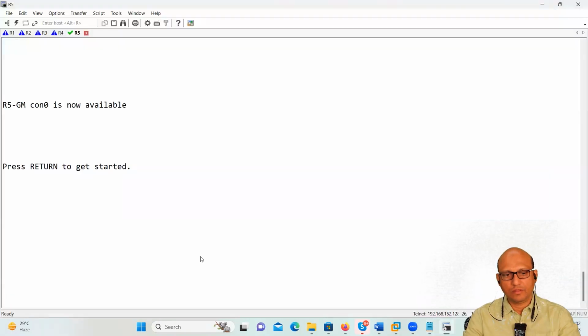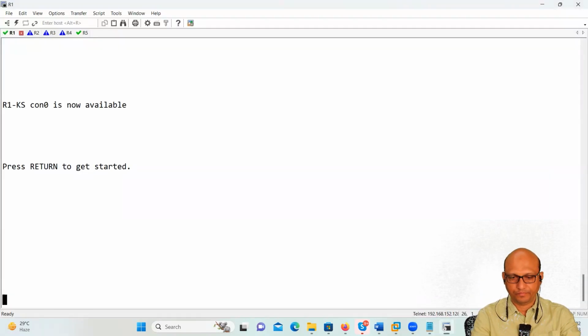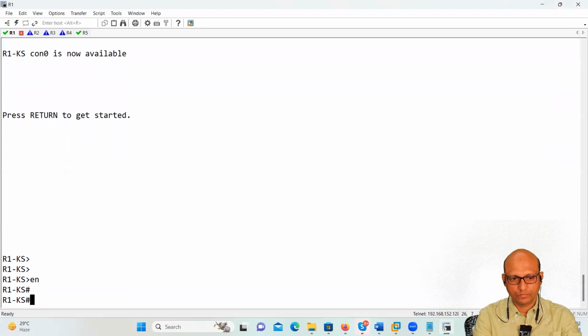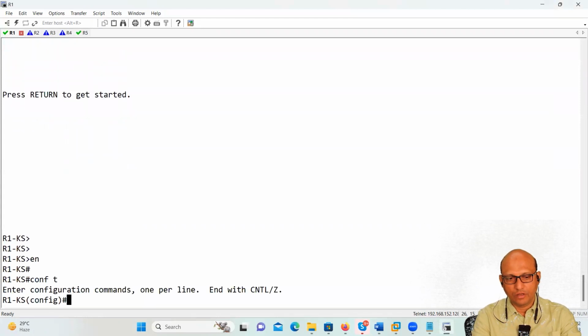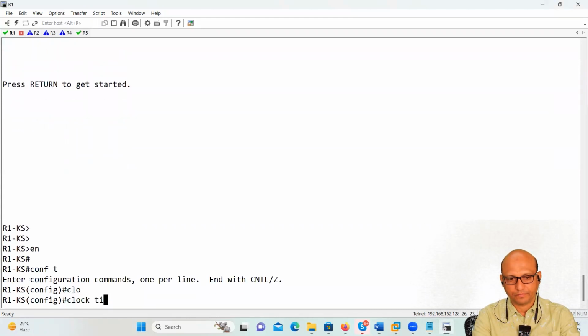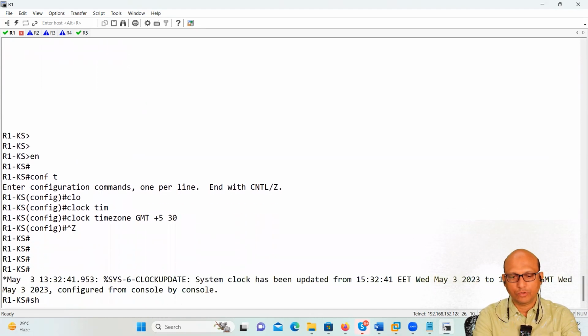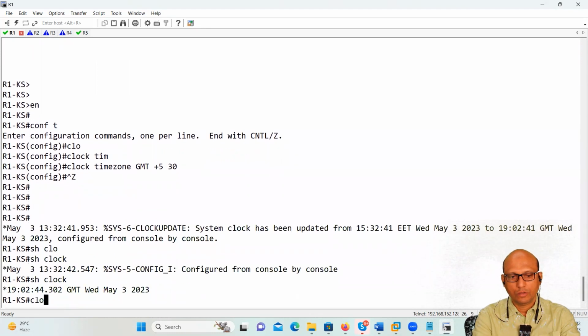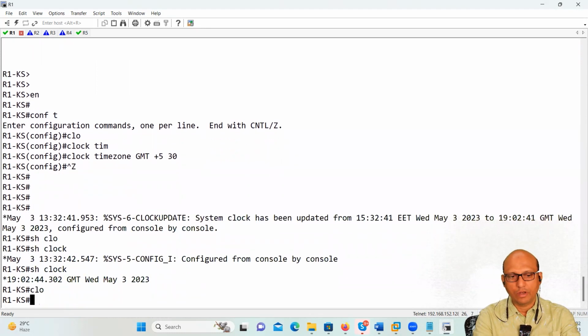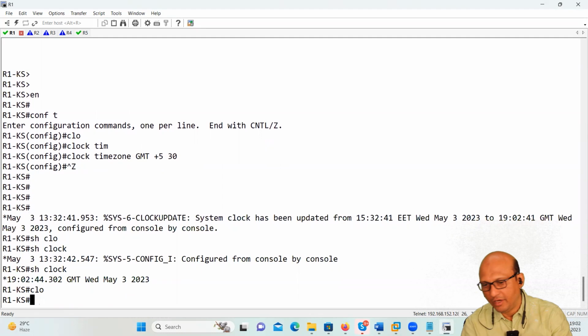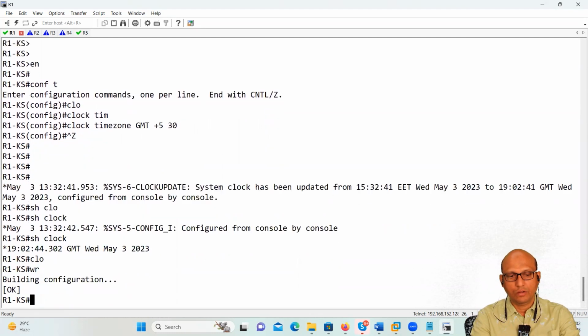Now I'll make this as KS. So I configure the clock time zone, GMT plus 5:30. So clock now is Wednesday, May 3, 2003. Good.